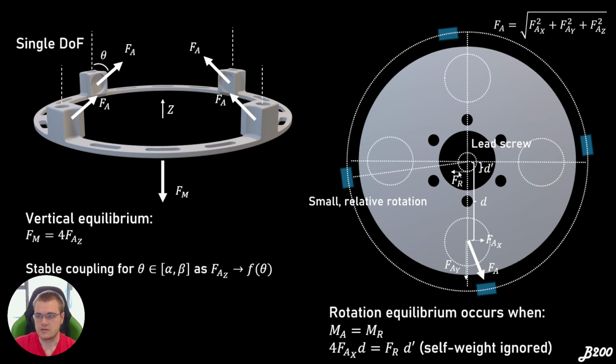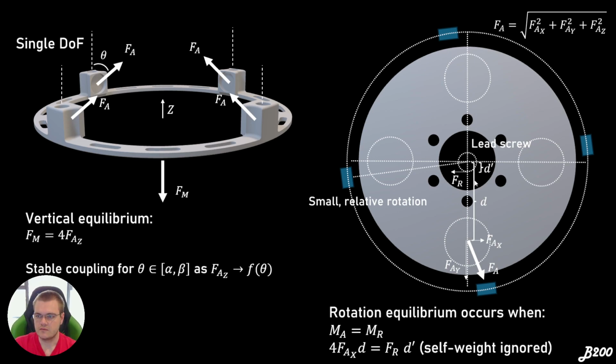Resisting that is the friction force, denoted Fr, and it's a small distance away from the center of the lead screw. For now, we just ignore all of the self-weight components and theory associated with lead screws. The equilibrium, just before it wants to start rotating, is that the moment induced by this coupling action will be equal to the moment of resistance of the friction between the different threads.